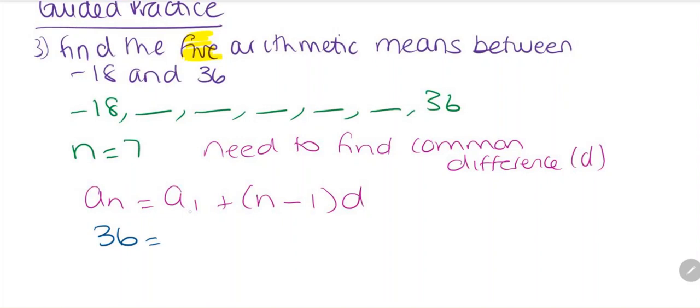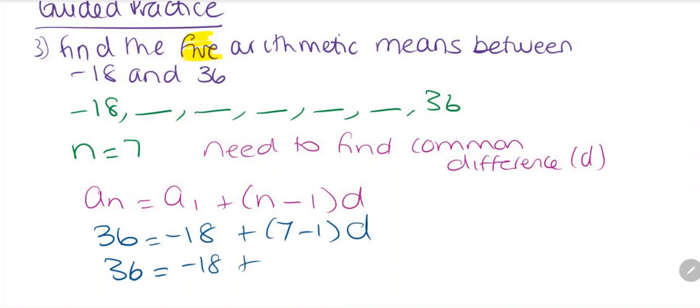Our first term is minus 18, and n is 7, we've just found that. So 7 for n, minus 1, and d is going to stay as d. So we have minus 18, and d plus 7 times 7 is 7d, and minus 1 times d is going to be minus d.